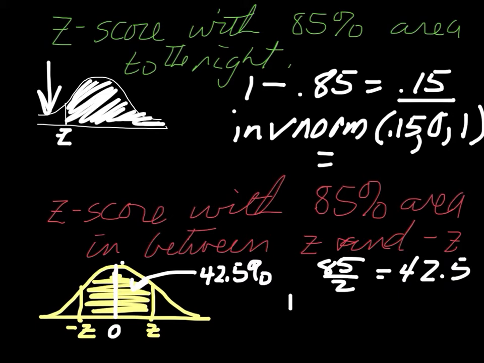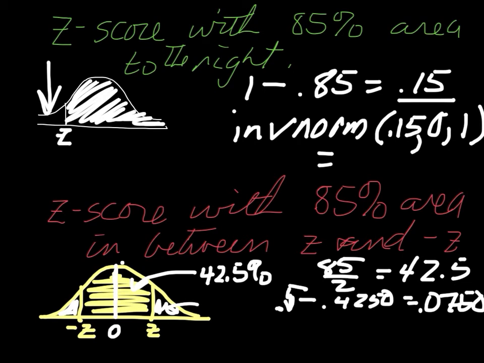And then I take 0.5 minus 0.4250, because I'm only on half of this, and that gives me 0.0750, and that is going to be the area to the left, also to the right.